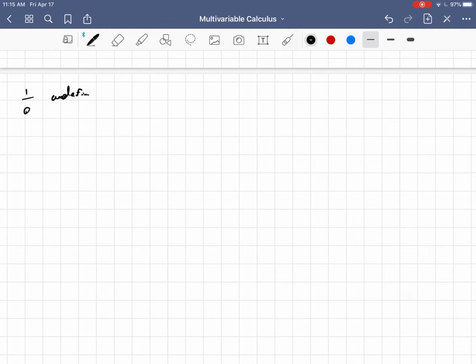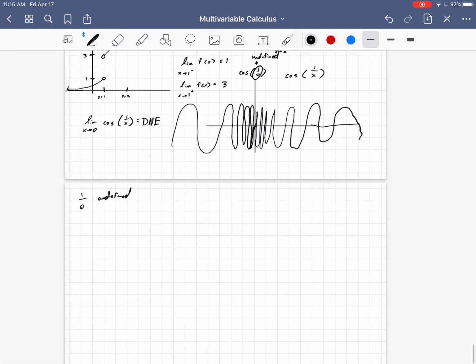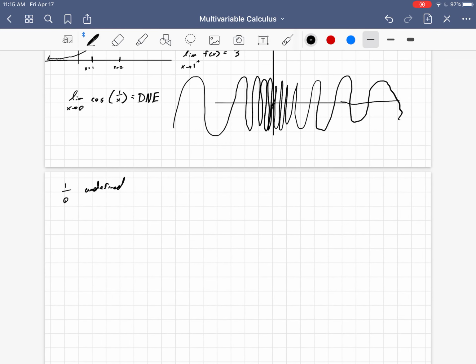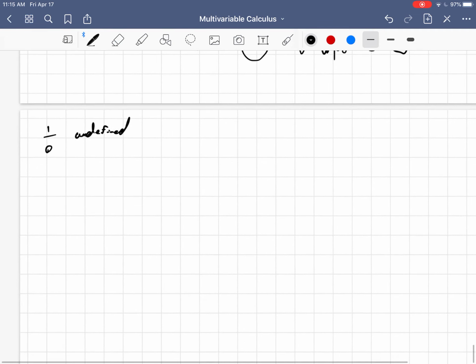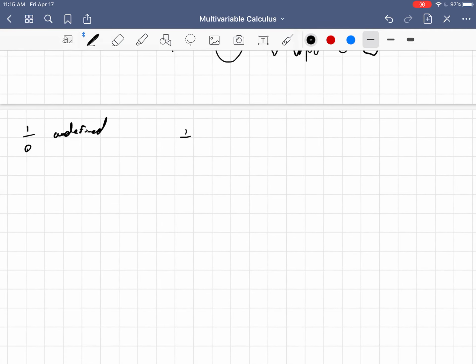Now, I did mention that 1 over 0 is undefined. Now, let's take a look at why that is, because a lot of times people don't know why.